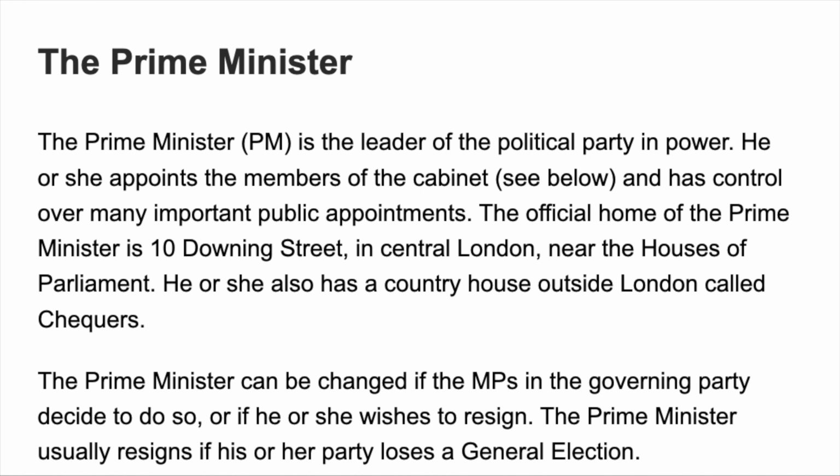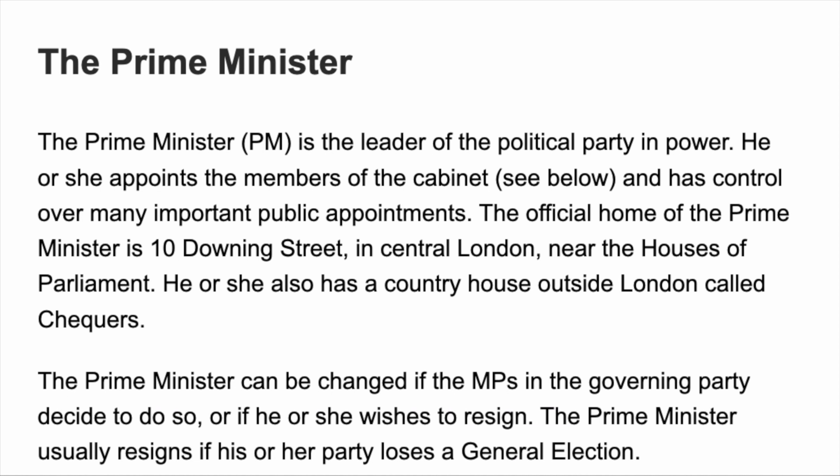The Prime Minister. The Prime Minister, PM, is the leader of the political party in power. He or she appoints the members of the cabinet, see below, and has control over many important public appointments. The official home of the Prime Minister is number 10 Downing Street in central London, near the Houses of Parliament.